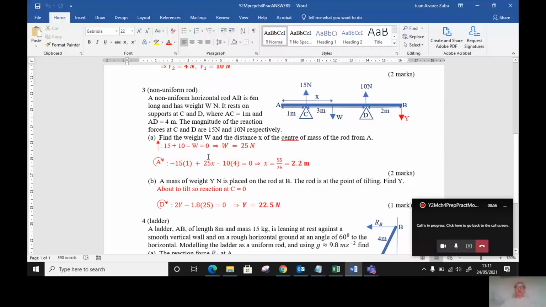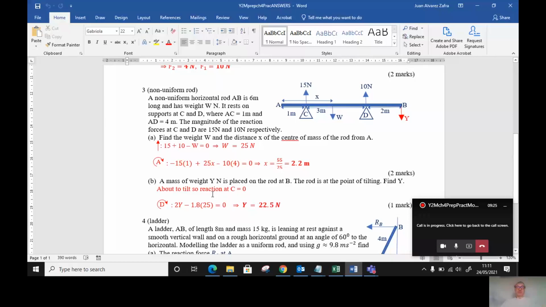The weight has a moment of W times X, where X is the distance from A. And we know that W is 25 newtons, so we can replace the W by 25. And then the 10 Newton force is 4 meters from A, and therefore its turning effect will be 10 times 4, but it's anti-clockwise, so it'll be minus 10 times 4. If we rearrange, we get that X is 2.2 meters.